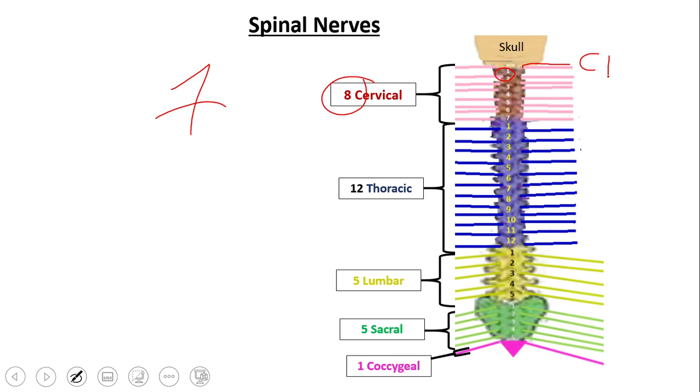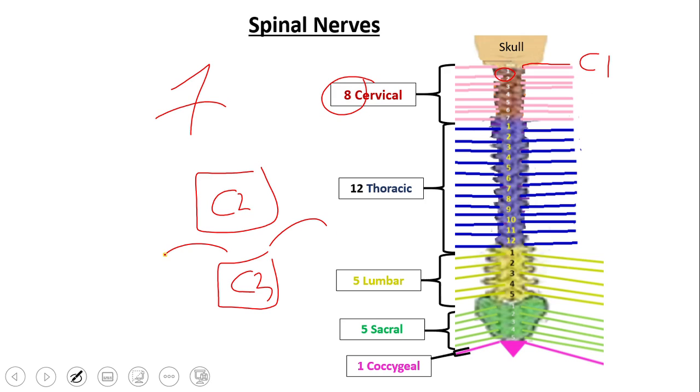So in the cervical region, the nerve takes the number of the vertebra below. Like, for example, this is C2 vertebra and this is C3. The nerve coming in between takes the number of the vertebra down. So this is C3 spinal nerve.